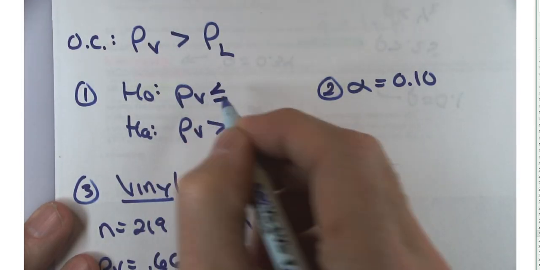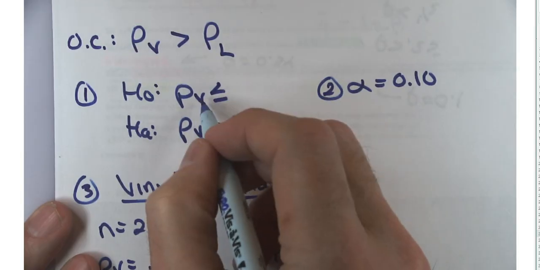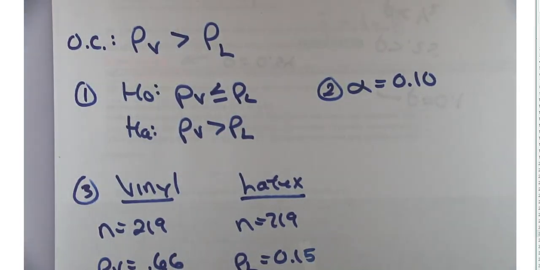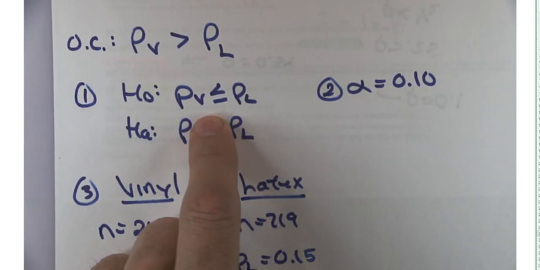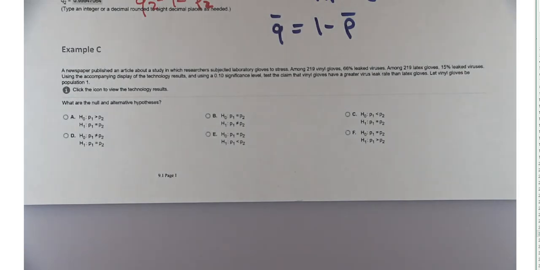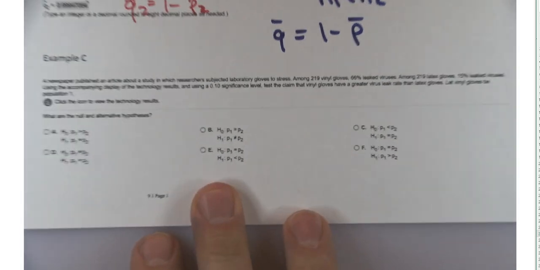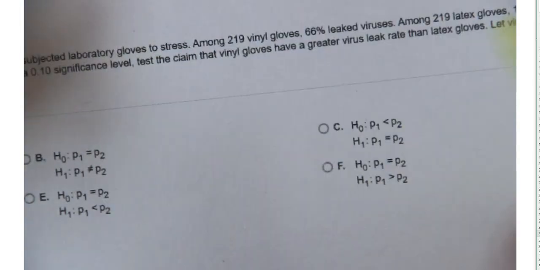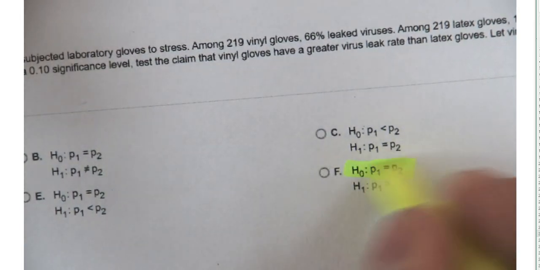So P sub V is going to be less than or equal to P sub L. Now keep in mind that my stat lab doesn't use the less than or equal to or greater than or equal to as part of your answer. So when you go looking for your answer, you're going to have to look at equal to as part of your answer. So it's going to look like this one here.